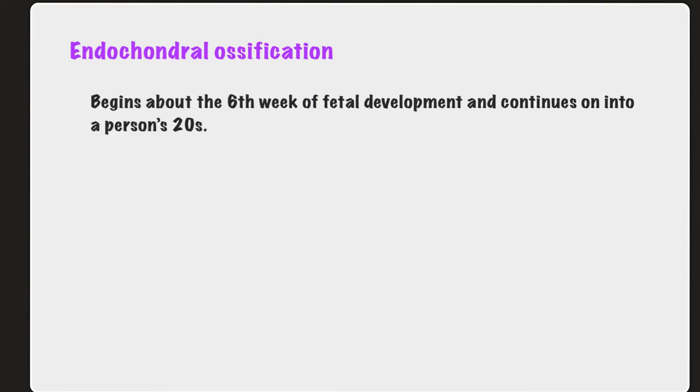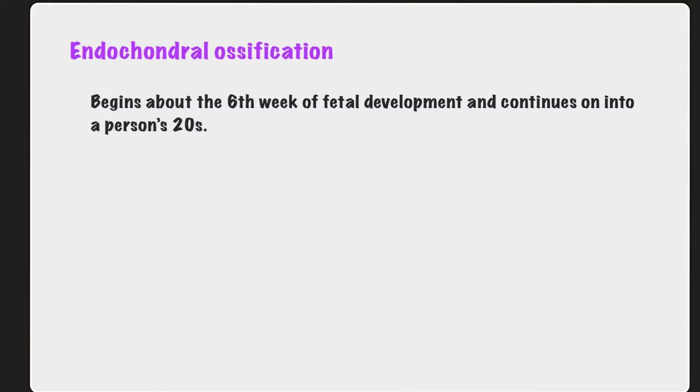Endochondral ossification is the other type of bone formation. This is the ossification by which most of the bones of the body develop. It begins about the 6th week of fetal development, and this process continues on into a person's 20s. We just finished talking about intramembranous ossification, which occurred directly on a sheet of mesenchyme tissue.